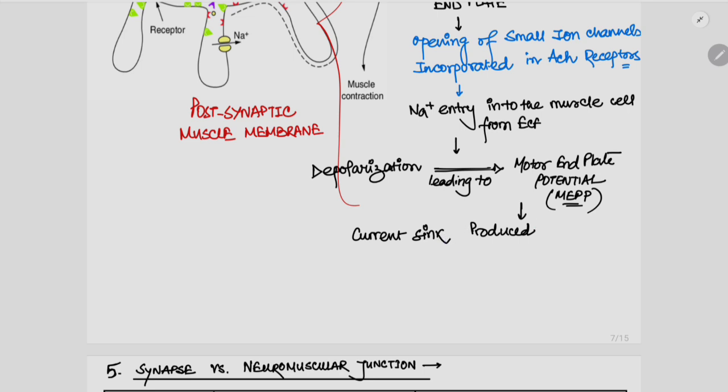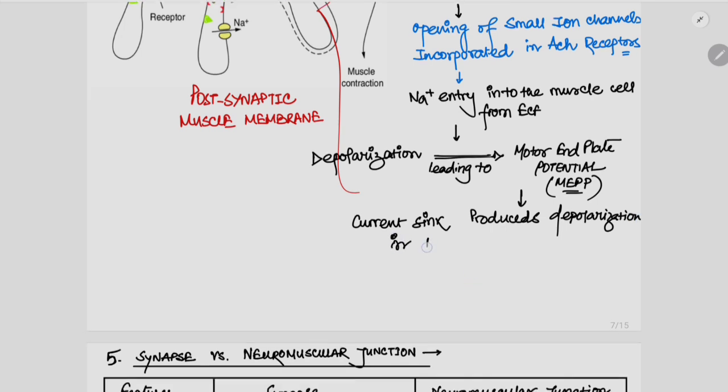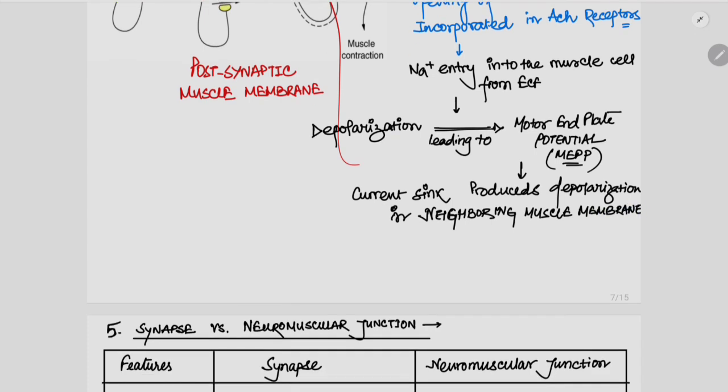The current sink produces depolarization in the neighboring muscle membrane, in the sarcolemma, right?